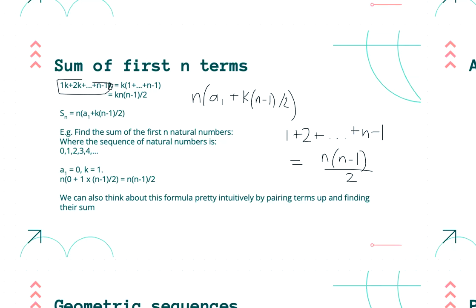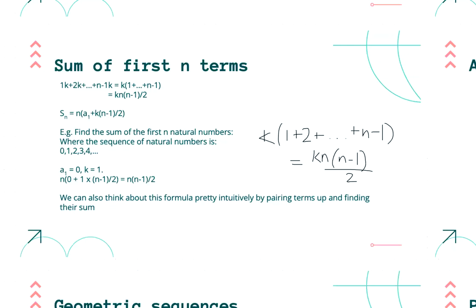So because we want to multiply that by k, we just add that in.